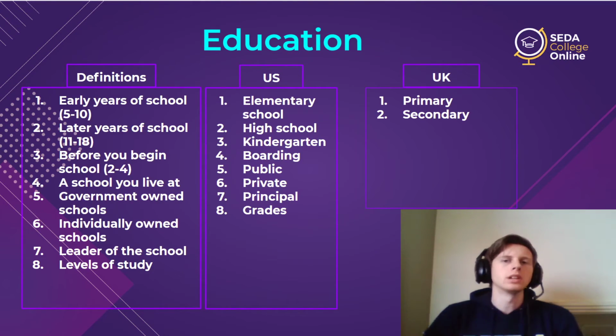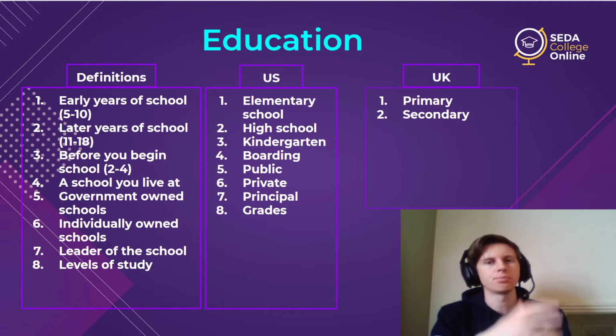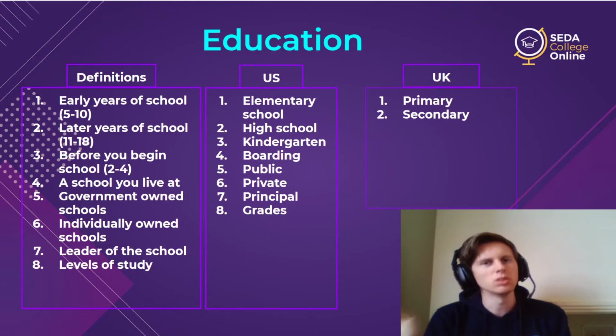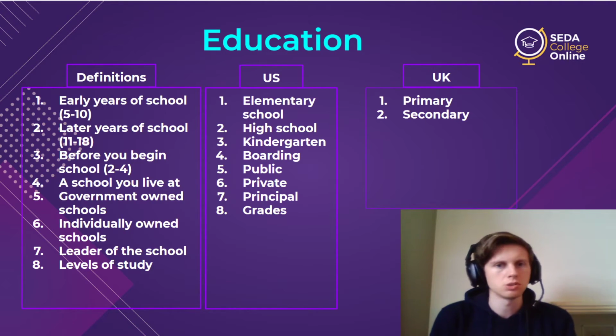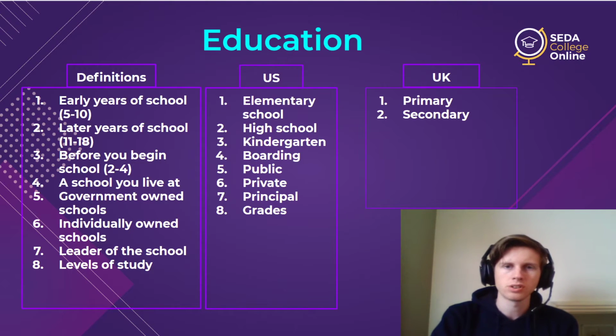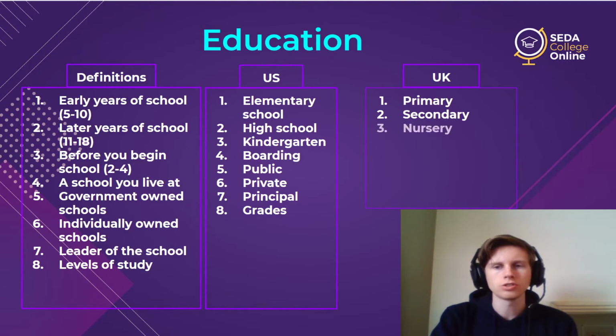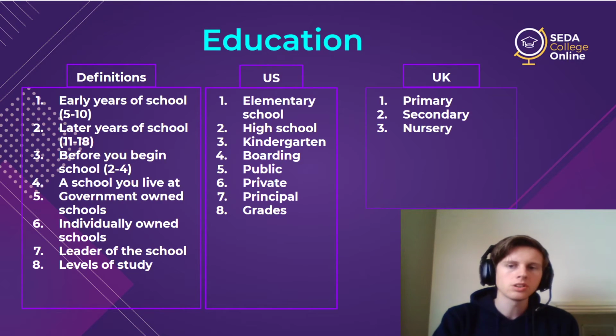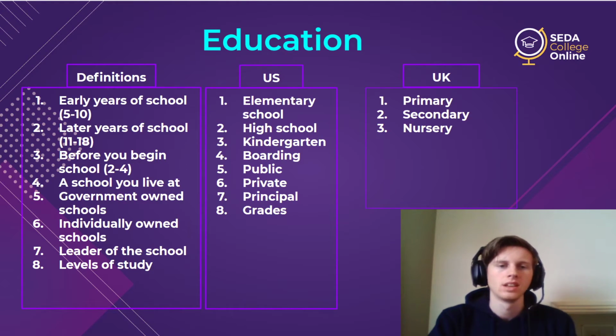But generally, just like you can generally say elementary and high school, you can generally say primary school and secondary school. They'll cover most situations. And then the year before you start school in the UK is called nursery. So in the US, it's kindergarten, or nursery.